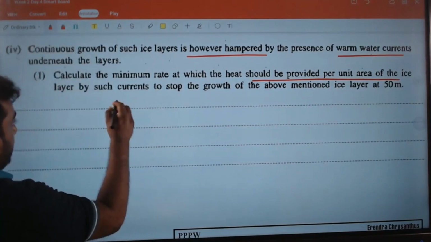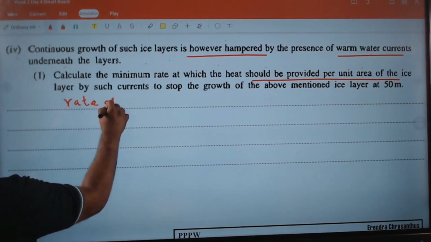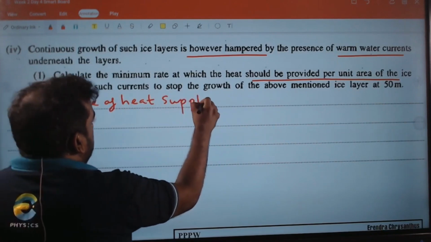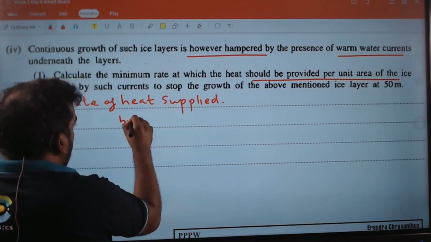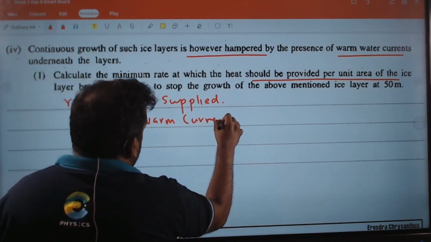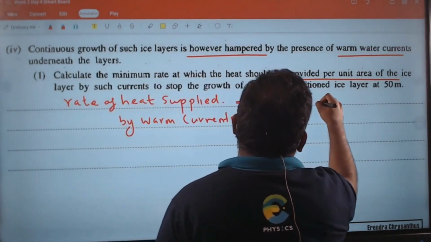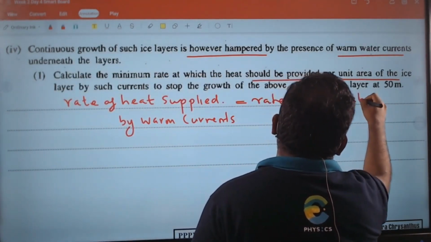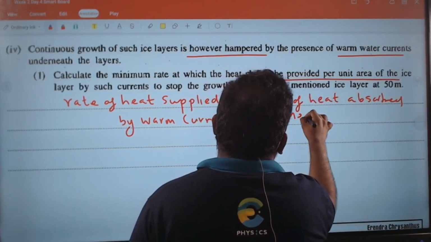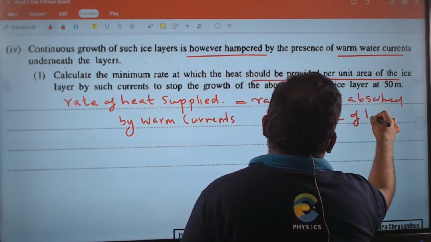So we want to melt it. Rate of heat supplied by warm currents equals rate of heat absorbed to melt ice of 1 millimeter thickness.